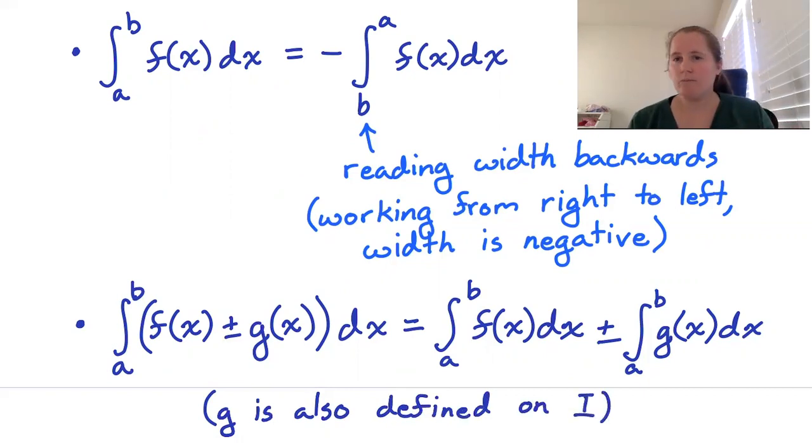Right. So we saw in section 5.1 that we could split integrals across addition and subtraction. And here we're seeing that we can split definite integrals across addition and subtraction.